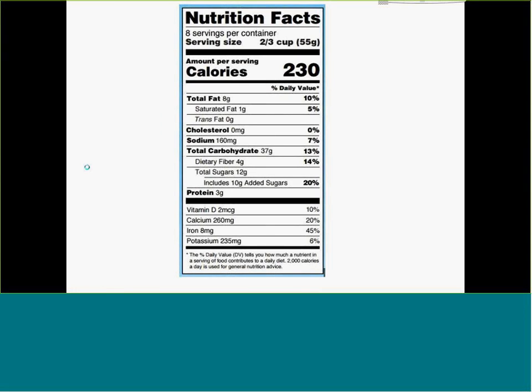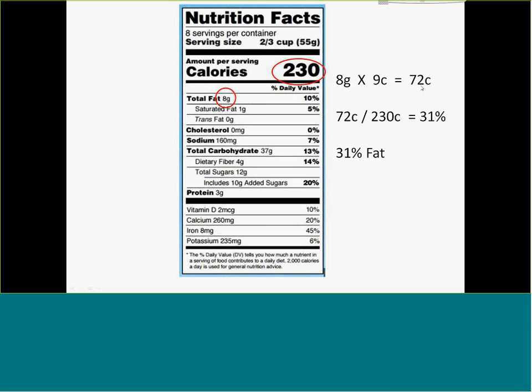This is the new nutrition label, and you'll notice the 8 grams of fat I've already talked about. 8 grams times 9 calories gives us 72 calories for fat. There's 130 calories in this serving.